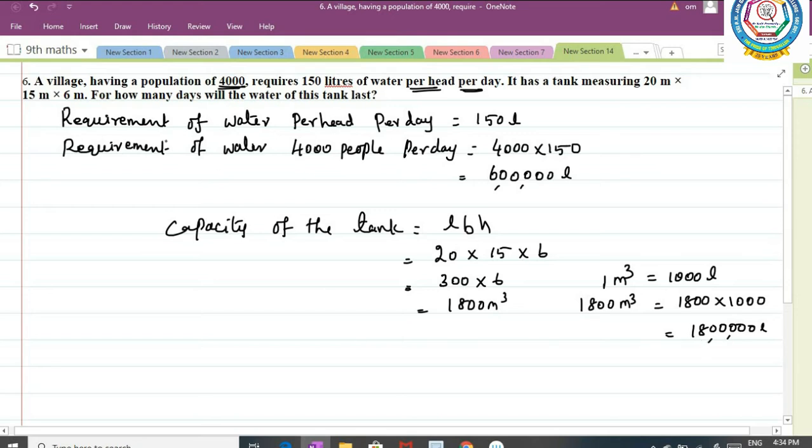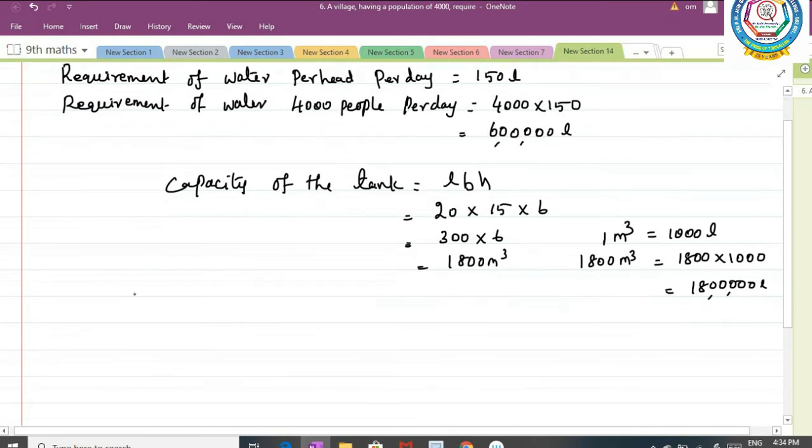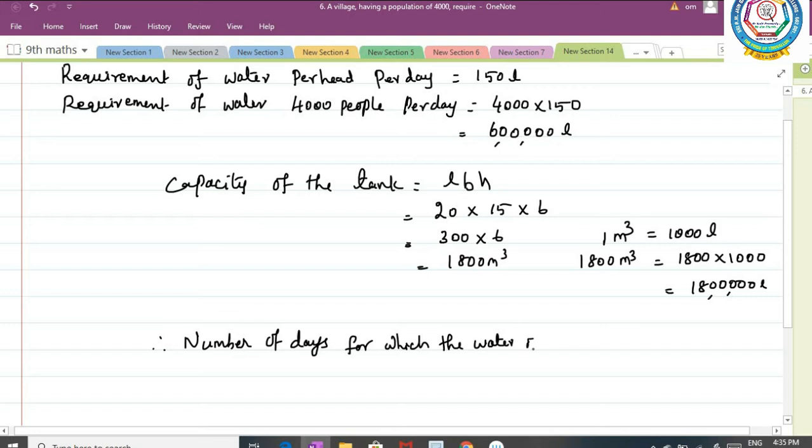But what question do they ask? Number of days. Therefore we have to find the number of days for which the water of this tank will last.